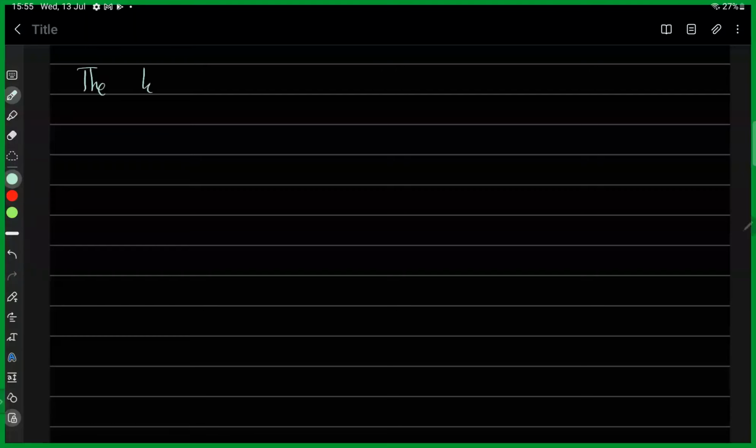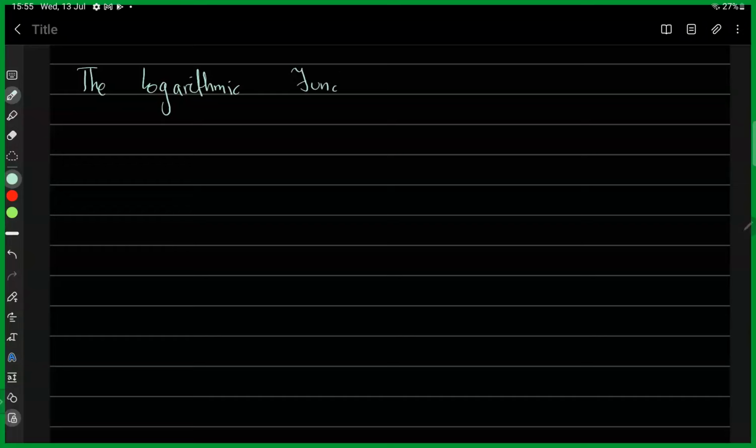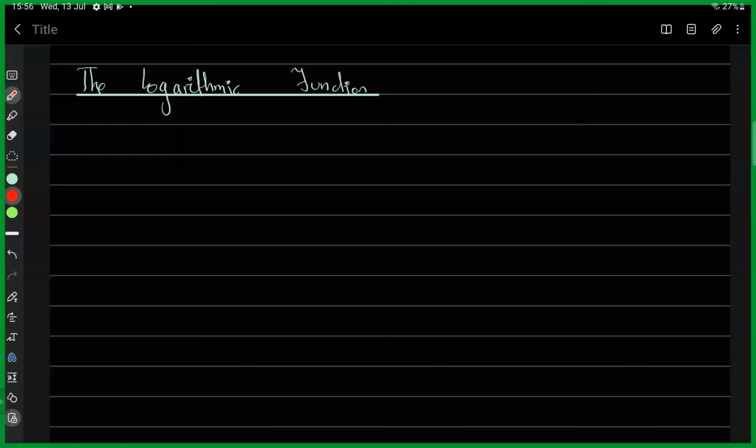The logarithmic function. So let's talk about it. Okay, all right. So we are talking about the logarithmic function. Let's just define that formally.